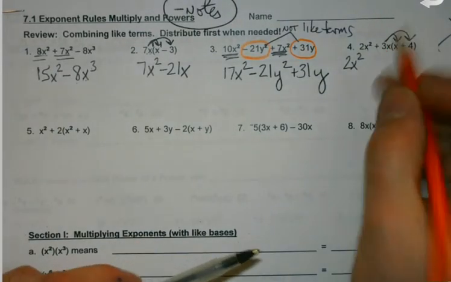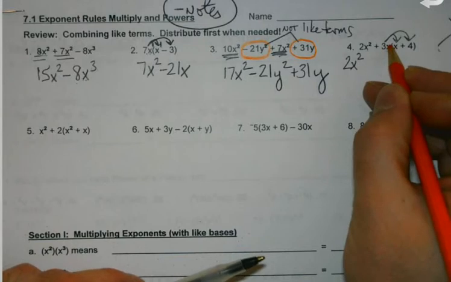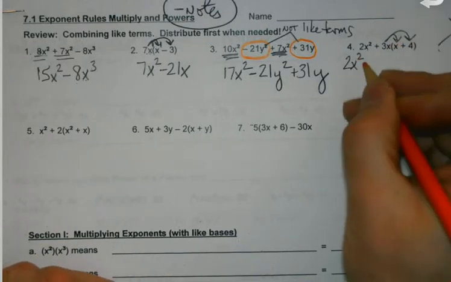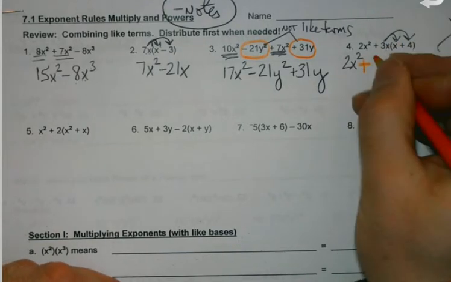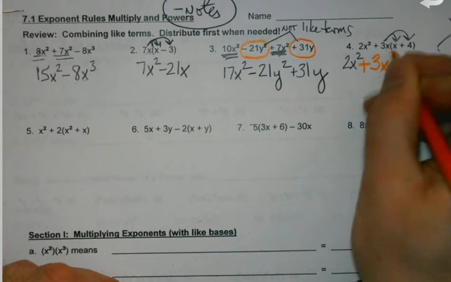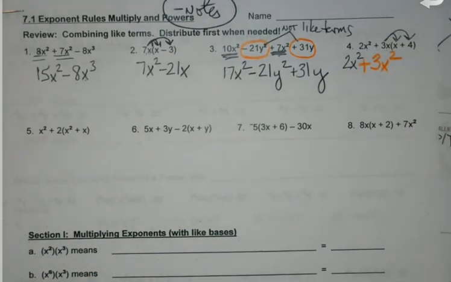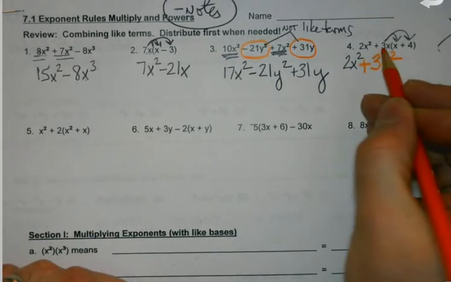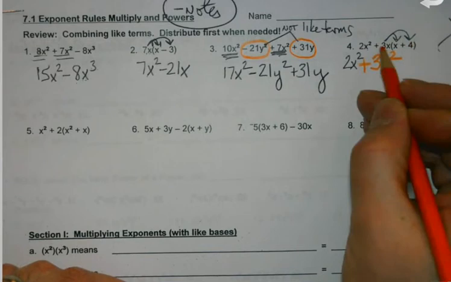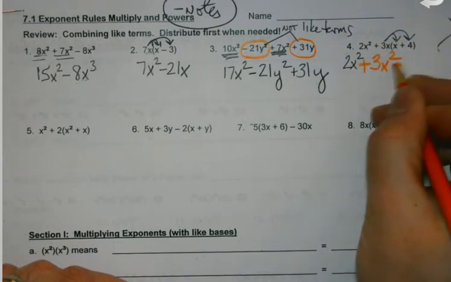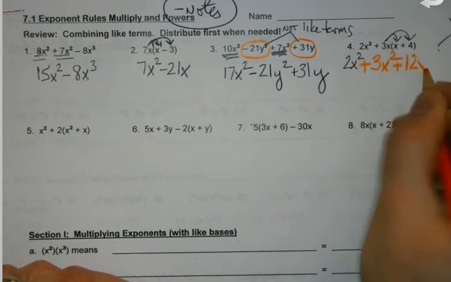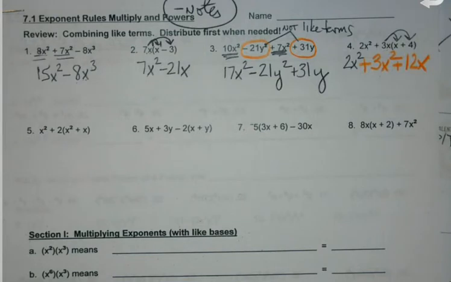But like we said before, when I'm multiplying, I have x times x, and another one is 2. So that's 3x squared. And then 3x times 4, well, 3 times 4 is 12 with my x. So the parentheses, getting them out of the way, is always my number one job.